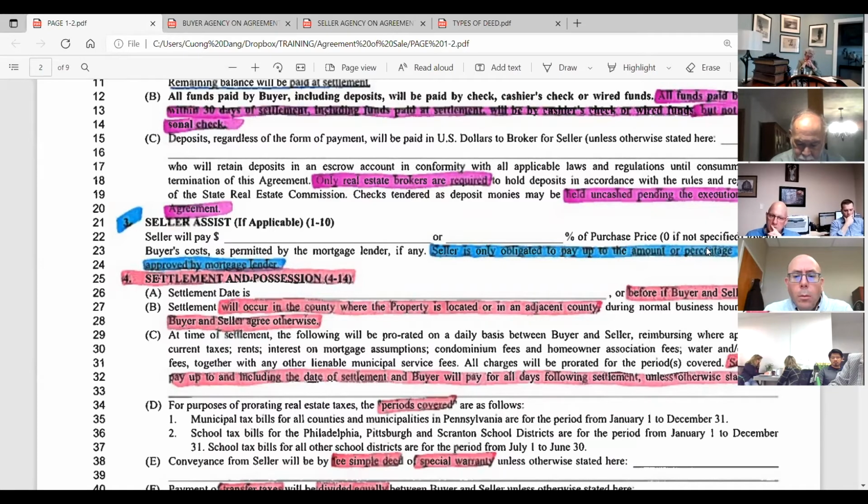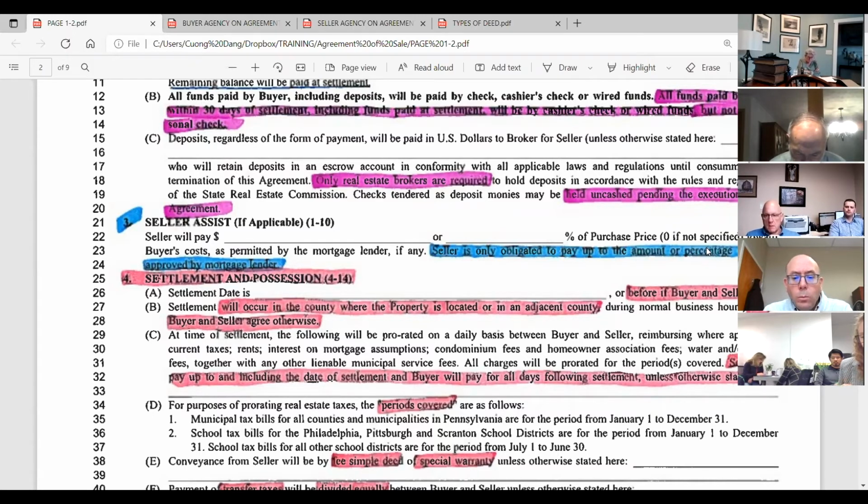Section 3 talks about seller assist if applicable. Seller will pay $blank. So that's where you fill in the number. Or blank percent. That's where you fill in the percent of purchase price, 0 if not specified, towards buyer's cost as permitted by the mortgage lender, if any.